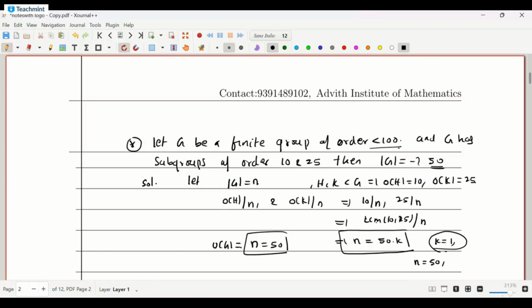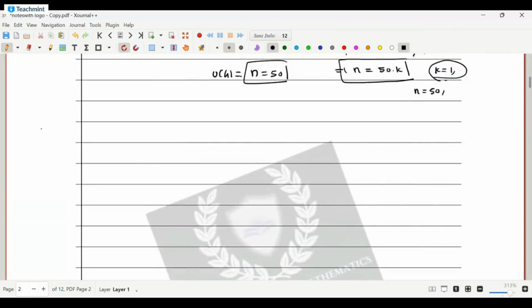Next one. Suppose a, b, c are elements in a group G such that c cube is equal to b inverse a power 4 b, and the order of a is equal to 5.